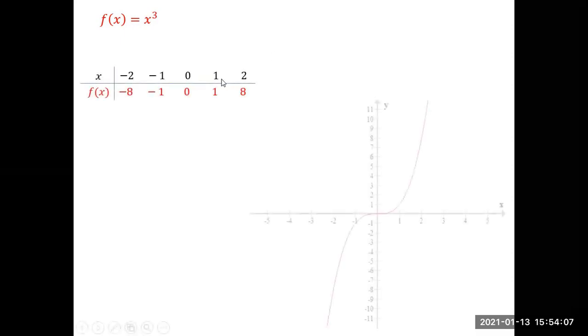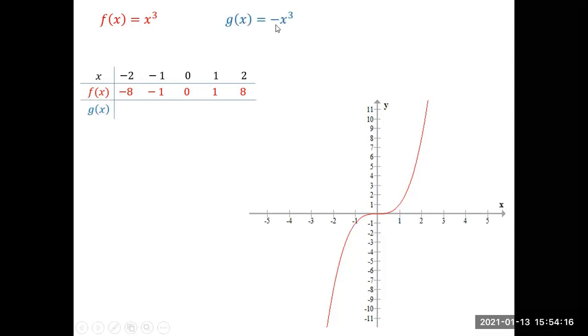So for this next set of examples, let's take a look at the next parent function of x cubed. Remember the inputs and outputs for this function. That's why the graph looks like this snake curving through the origin. Well, let's take a look now at this function of -x cubed.